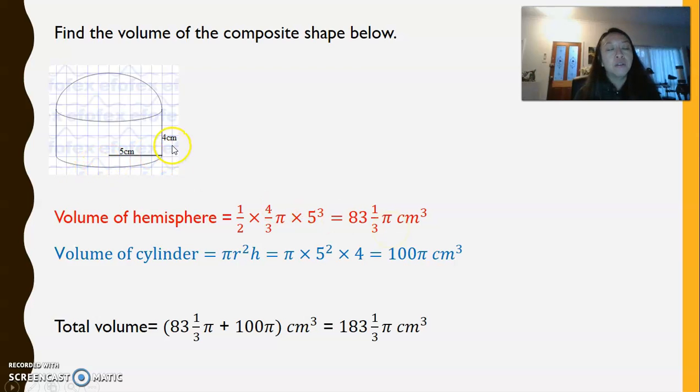The volume of the cylinder is pi r squared times h, so that's pi times 5 squared times 4 equals 100 pi centimeters cubed. To find the total volume, we just have to add these two volumes up, and this is how we get the total volume of a composite shape.